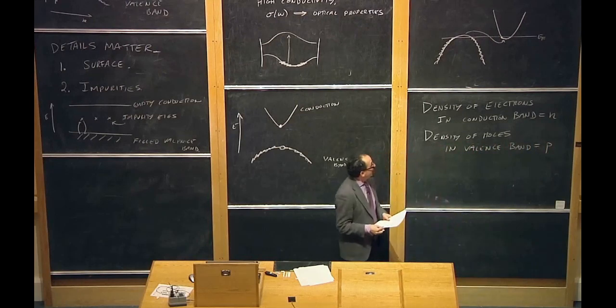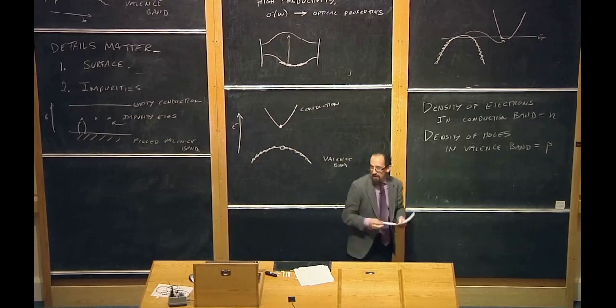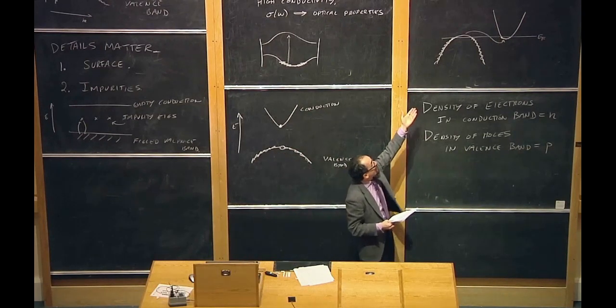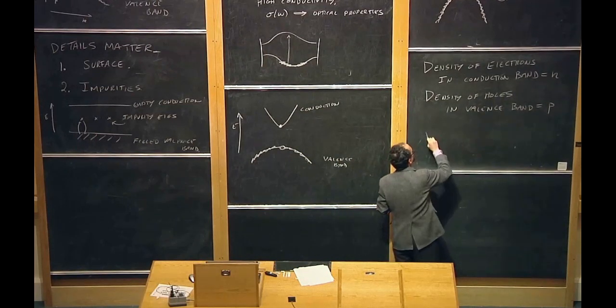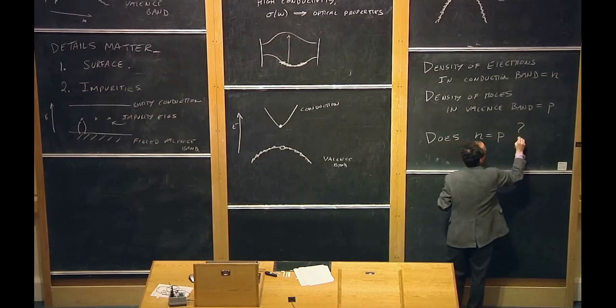That's the usual nomenclature. And whether we create our electrons in the conduction band and our holes in our valence band by adding energy like this or by overlapping the bands like that, it appears that N equals P. So maybe we'll write that down. Does N equal P, generally?